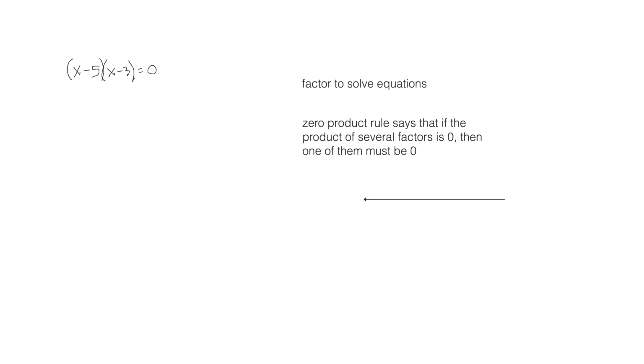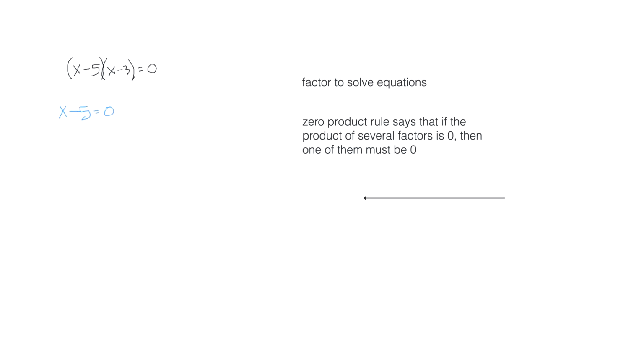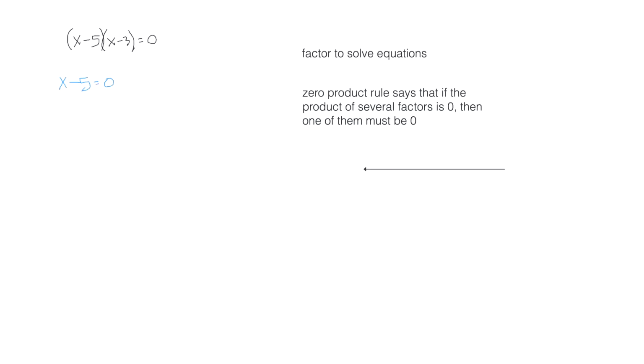So I'm going to set them both to 0 and keep those answers. I'll do the left side: x minus 5 equals 0. And the right side: x minus 3 equals 0.